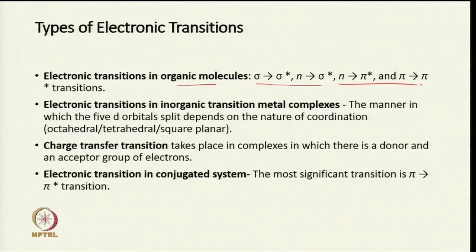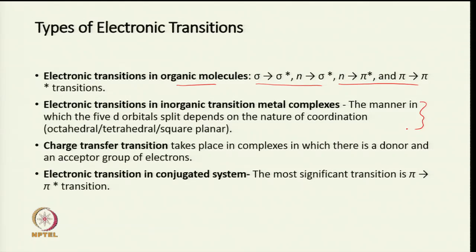In inorganic transition metal complexes, we again come across electronic transitions, and that is basically the d-d transition, which is governed by the manner in which the d orbitals split. When a ligand comes to a metal, the 5 degenerate d orbitals of the metal split into 2 or 3 different groups depending on the nature of coordination, which can be of 3 types: octahedral, tetrahedral or square planar.